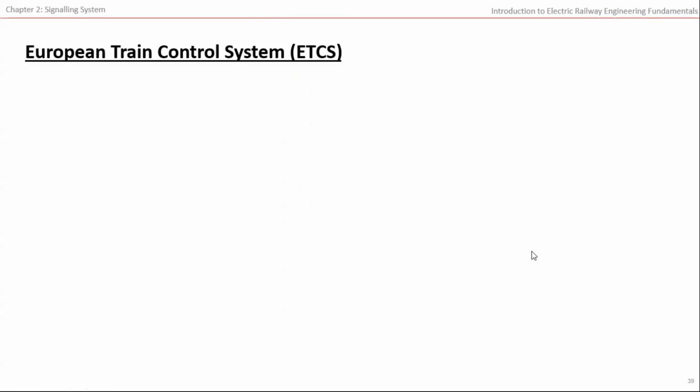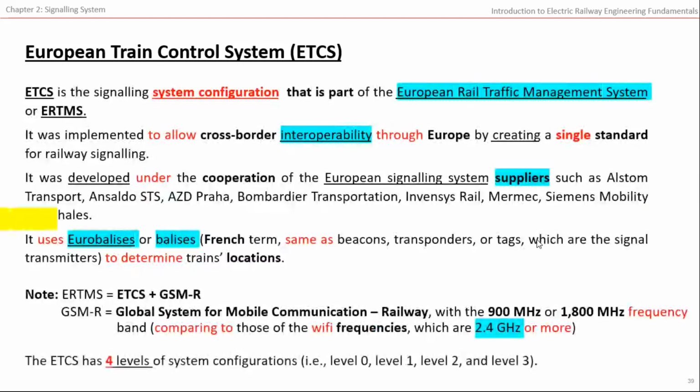For the European Train Control System or ETCS, actually the ETCS is the signaling system configuration that is part of what they call the European Rail Traffic Management System or ERTMS.